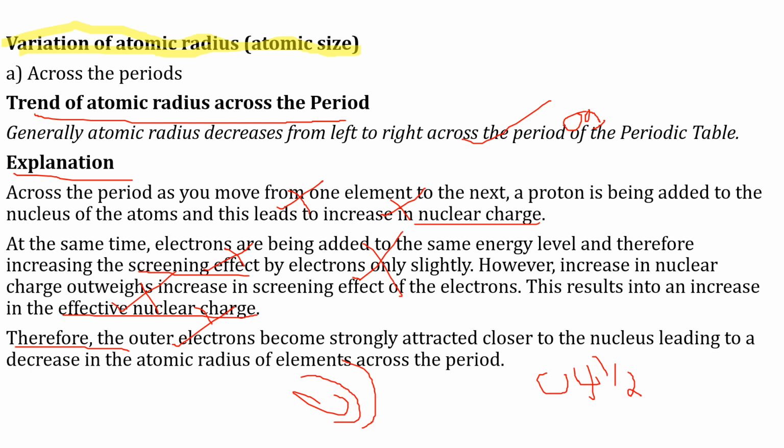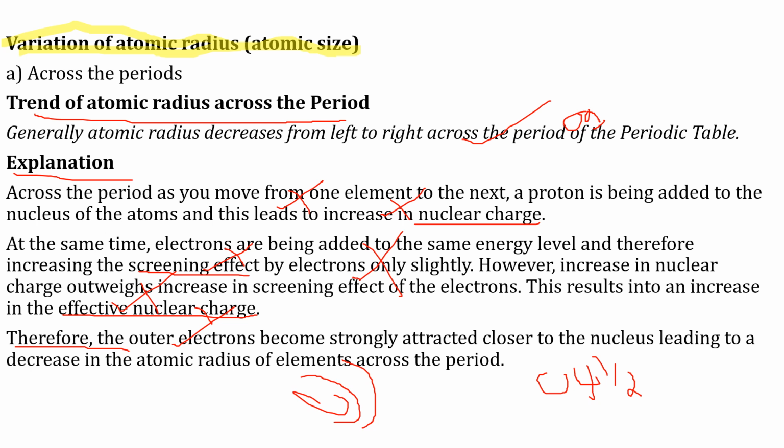So you'll find that since screening effect is remaining almost constant and nuclear charge is increasing, nuclear charge will outweigh increasing screening effect. And that's why we are saying, however, increasing nuclear charge outweighs increasing screening effect of the electrons, which results into an increasing effective nuclear charge.